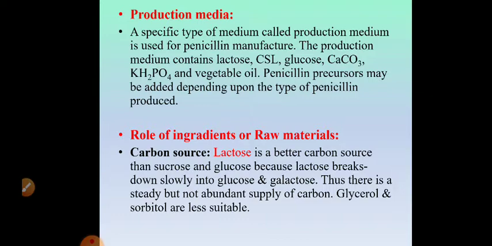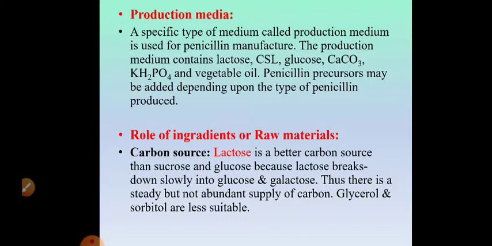Now, what is the role of various ingredients or raw materials during penicillin production? First is carbon source. Lactose is a better carbon source than sucrose and glucose because lactose breaks down slowly into glucose and galactose. Thus, there is a steady but not abundant supply of carbon.